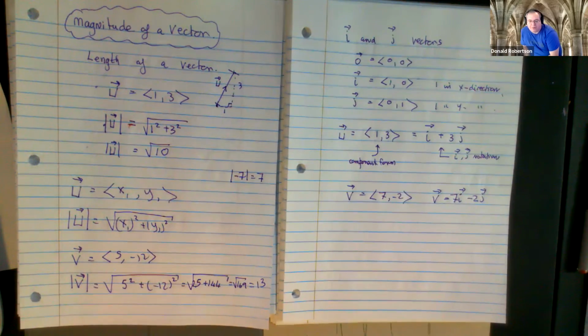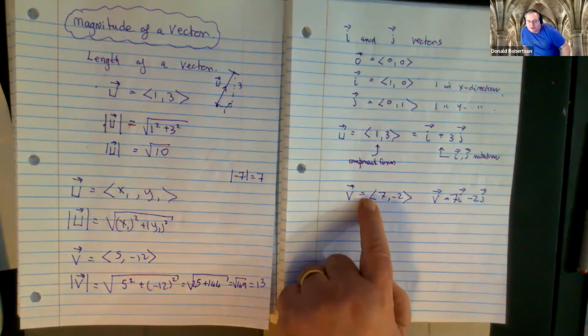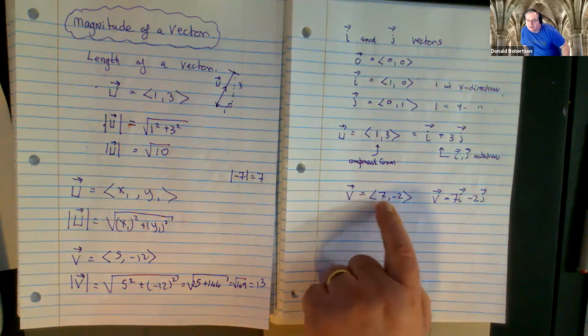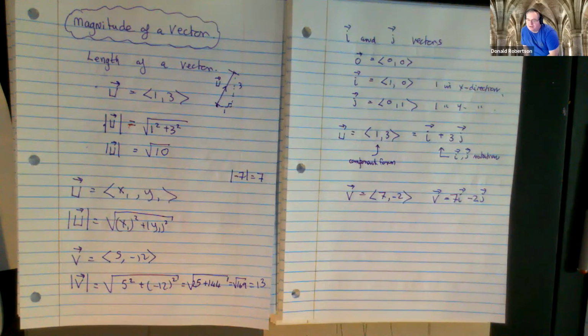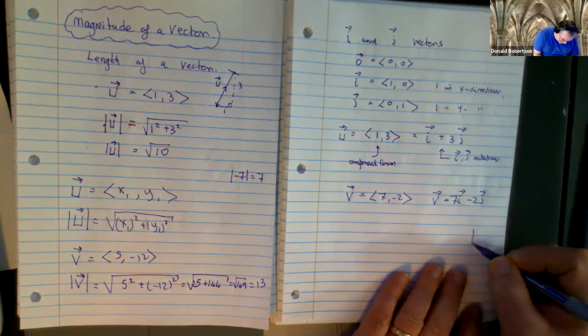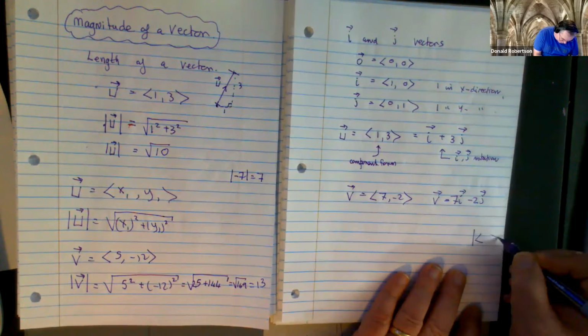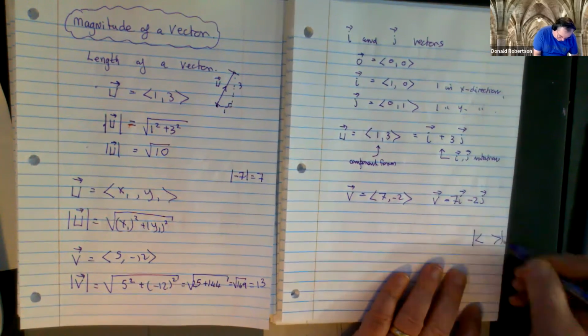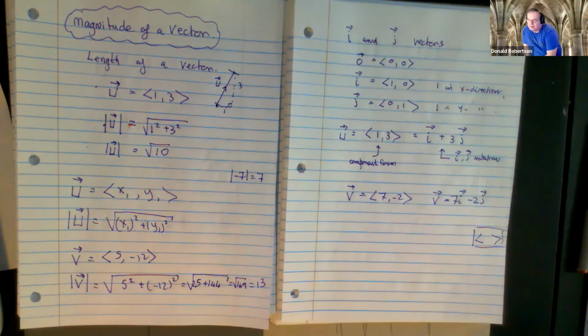And I've just realized something that I haven't mentioned. Do you see the funny brackets I use look like greater than and less than symbols, don't they? They have got absolutely nothing to do with greater than or less than, right? It's just the brackets that we use, right? And when you are doing WebAssign, you will find a button that does that bracket.